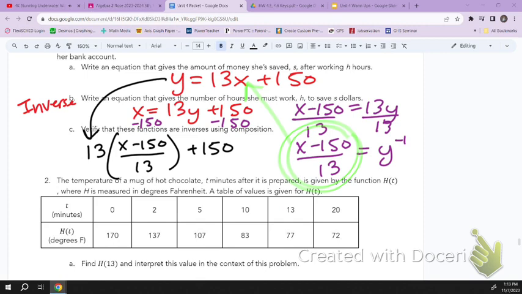What's going to happen here in this fraction? Those cancel out. And then what am I left with? But I'm adding 150. So you're just left with x, which is what we just did.